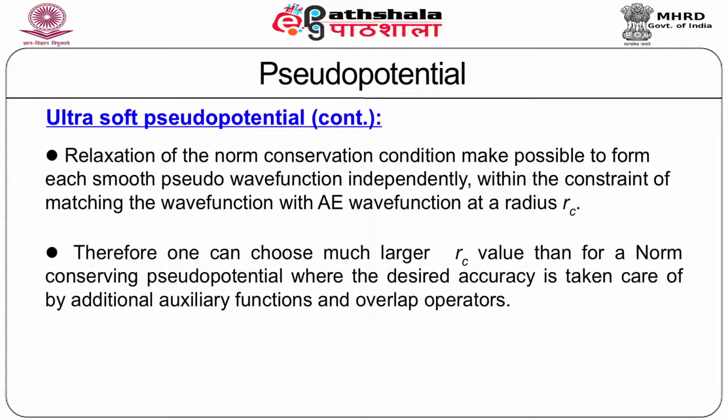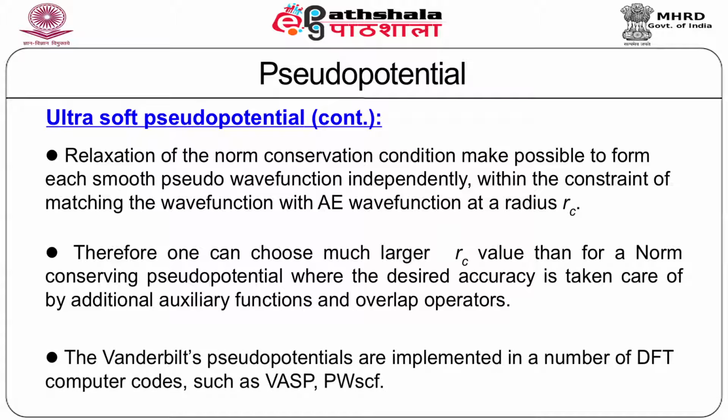Therefore, one can choose a much larger RC value than for a norm-conserving pseudopotential, where the desired accuracy is taken care of by adding additional auxiliary functions and overlap orbitals. Vanderbilt's ultra-soft pseudopotentials are implemented in a number of modern-day density functional theory computer codes such as VASP and PWSCF, which these days goes with the name Quantum ESPRESSO.